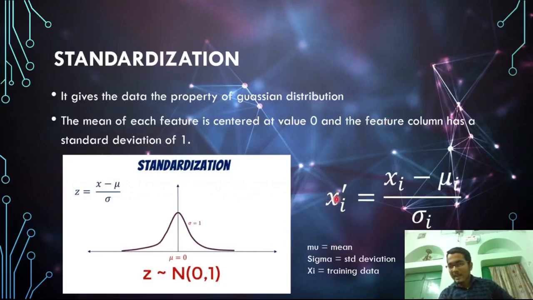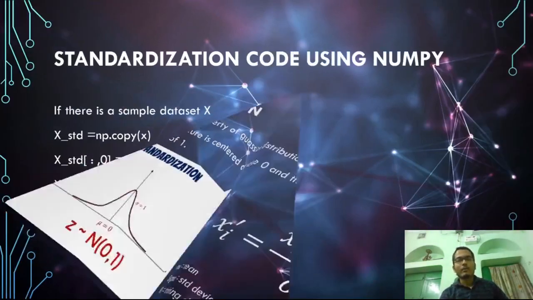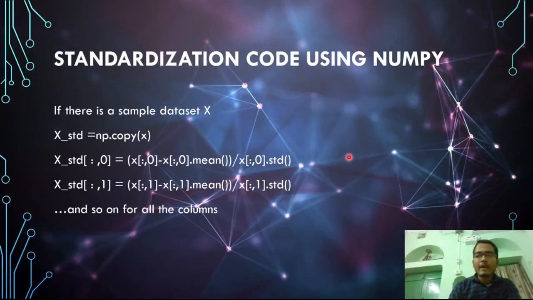So x dash of the ith observation equals x minus x mean, divided by the standard deviation. This is the mean and this is the standard deviation. You just apply this to the entire data and it will be standardized. Let's see how, using NumPy, we can do this. First we have a dataset X. How to import the dataset and work with it, I will show in my IDE in my next video.